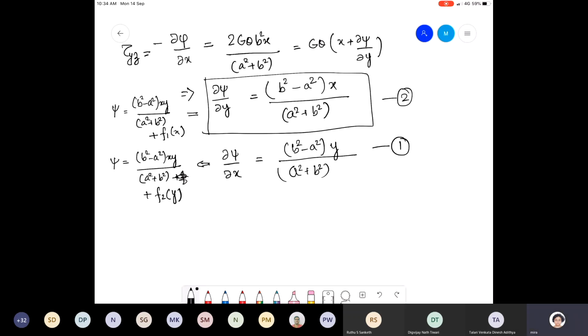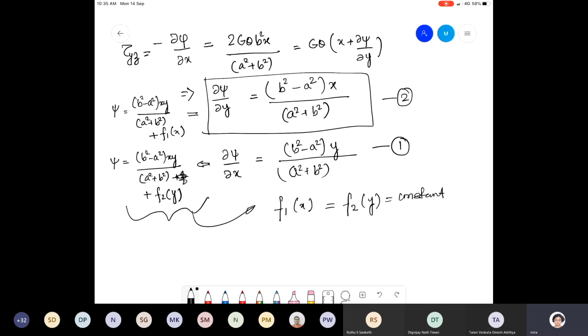So if I equate this, then is this clear?